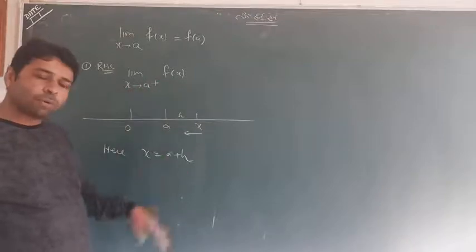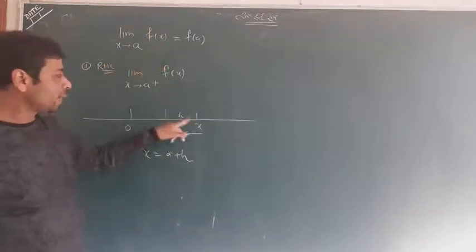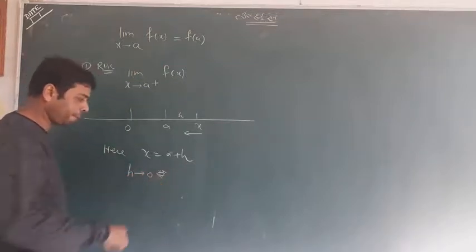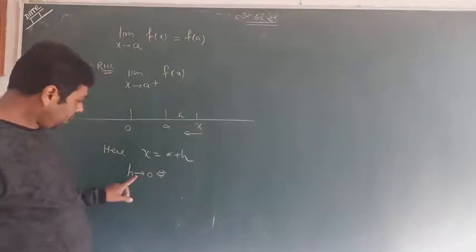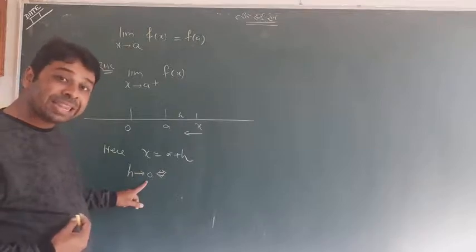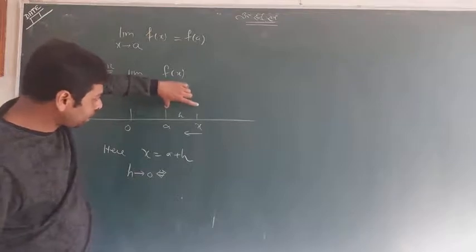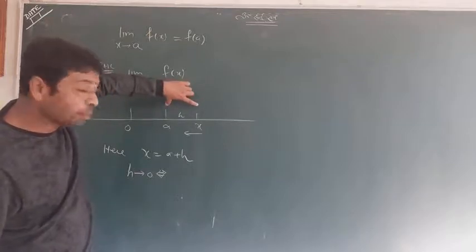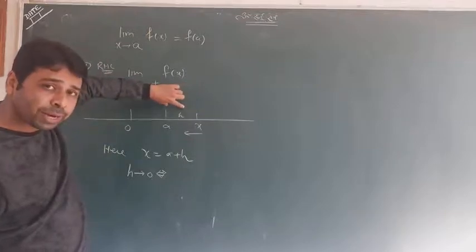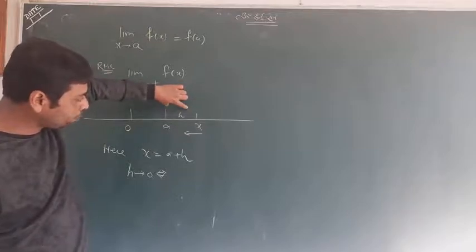Now that I have written it, I want to replace this in terms of h. How can we replace it? When h is getting to 0, what will happen? When h is getting to 0, it means approaching. H is getting less and less. When h gets less, can you see my finger? This thumb is fixed, but x is moving. This x is reaching a from the right direction, and your h is this one. When x approaches a, h will reduce.